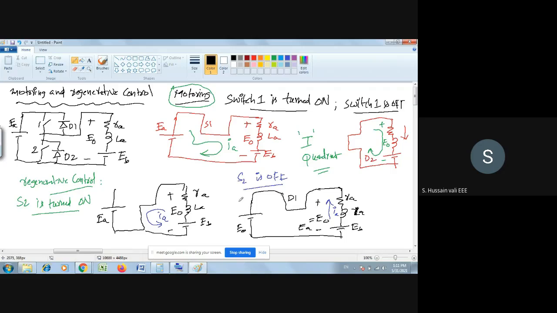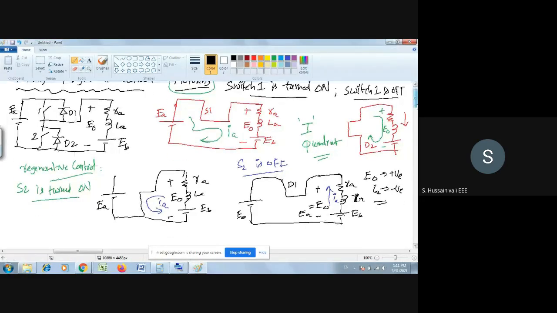So now you see in this case, E naught is positive, but IA is negative. So E naught is positive in the second quadrant.